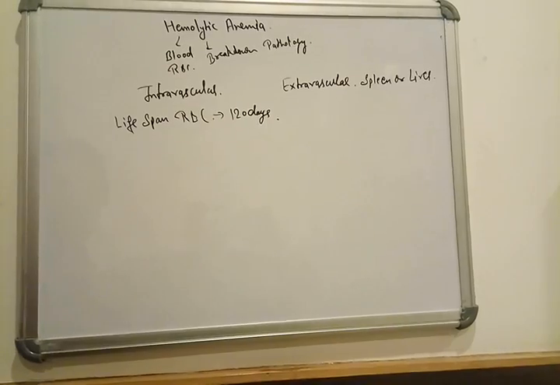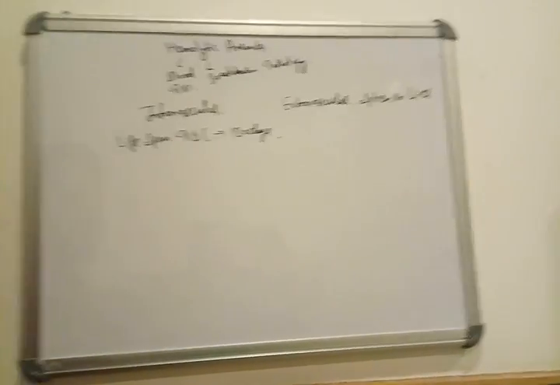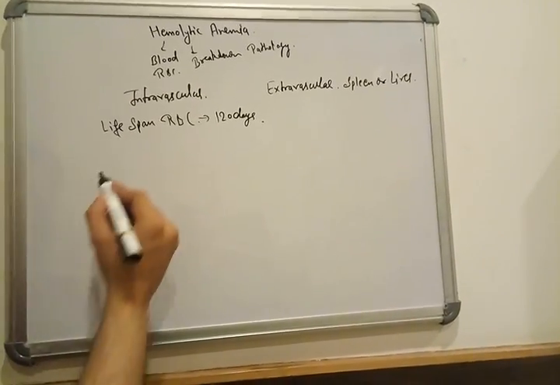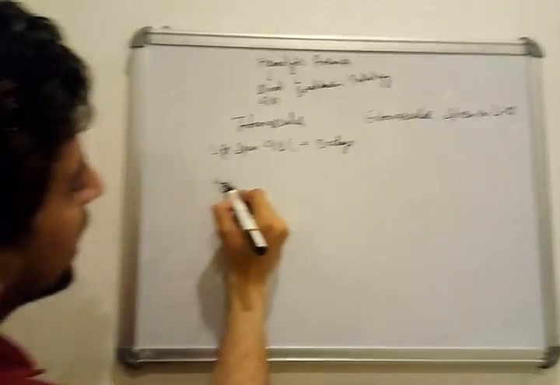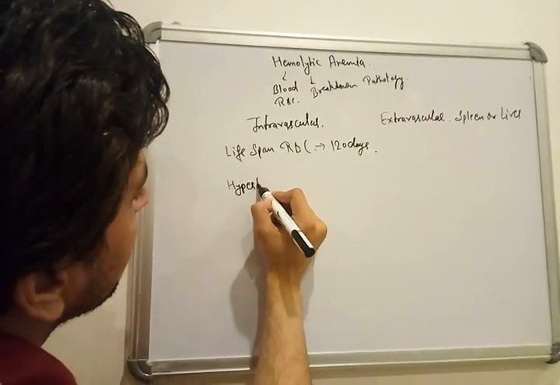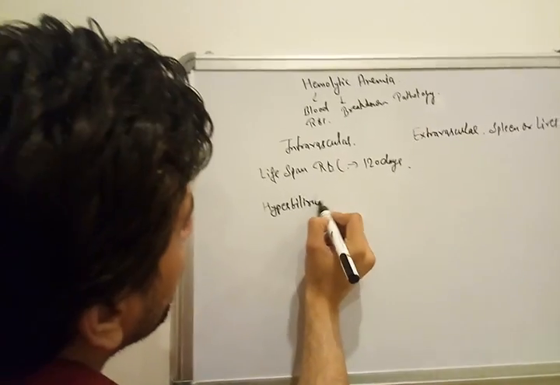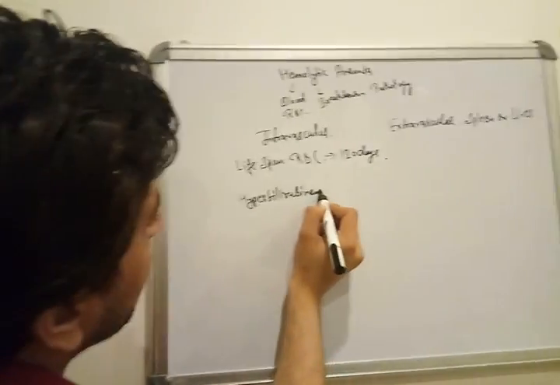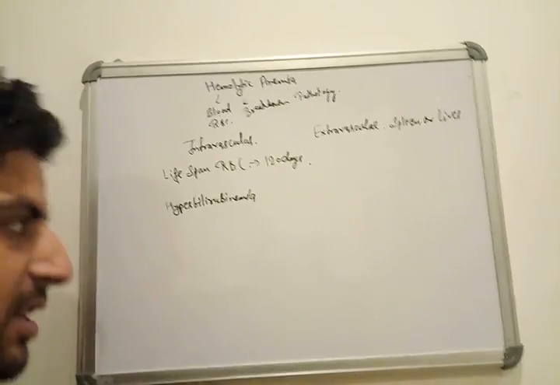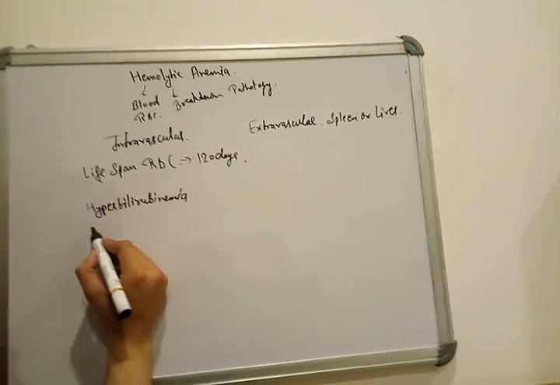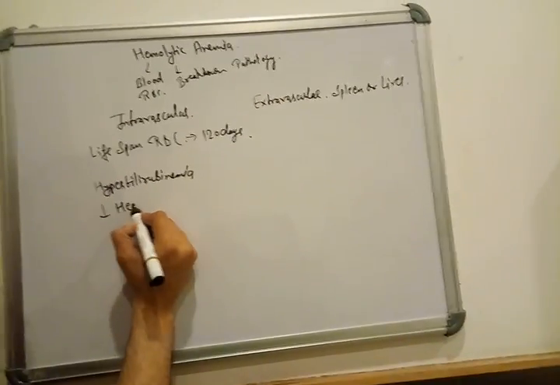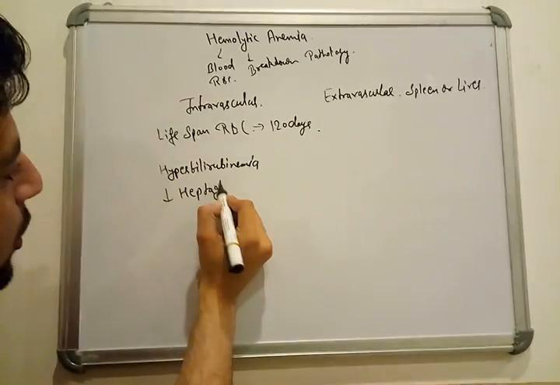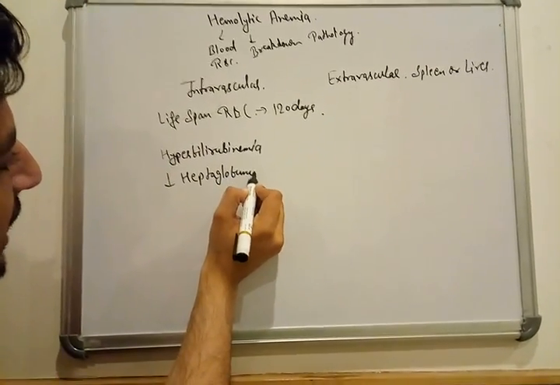Okay, then laboratory data. What are we going to find in hemolytic anemia? Anemia, like hyperbilirubinemia, due to earlier breakdown of RBCs. What else? Here haptoglobin decreases.